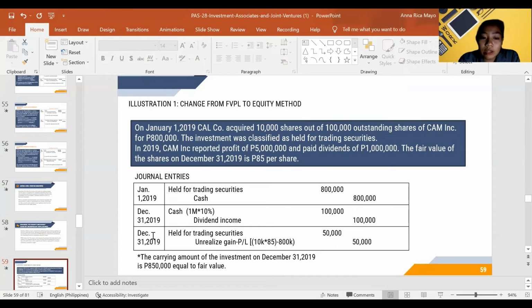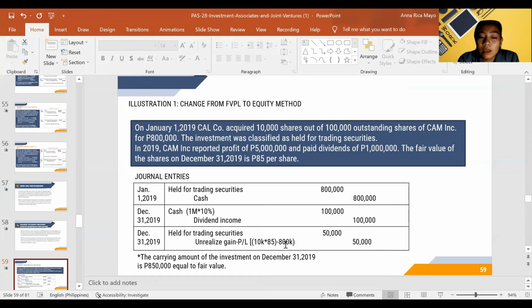And then another entry for December 31, 2019 is yung held for trading securities, 50,000. And then unrealized gain, profit or loss na 50,000. 50,000 kasi yung 10,000 shares na acquired mo multiplied by the 85 pesos per share, which is 850,000, yun yung fair value ng investment mo.